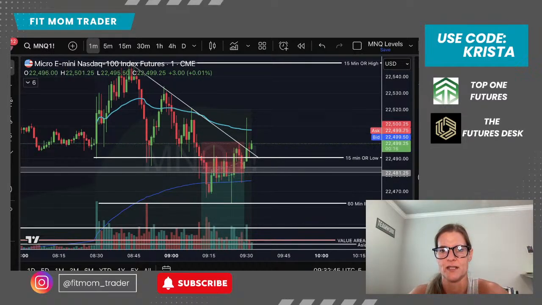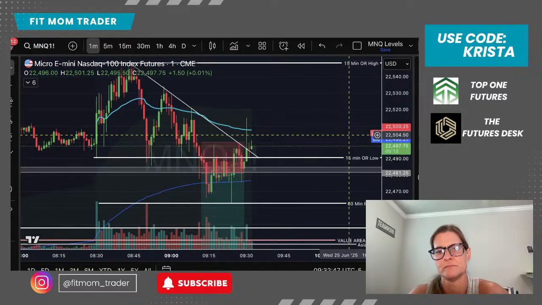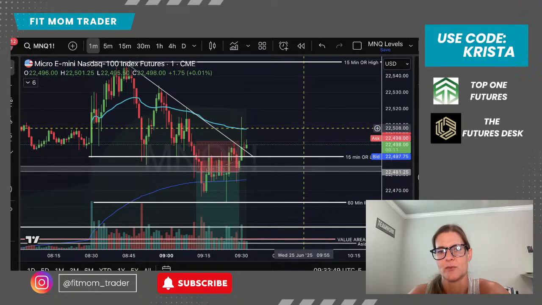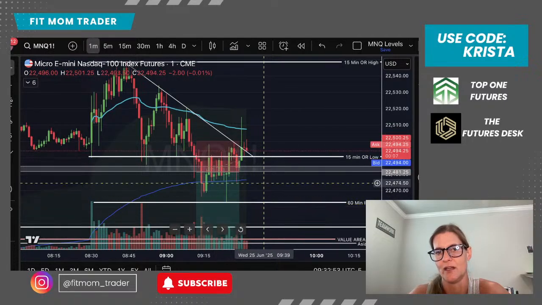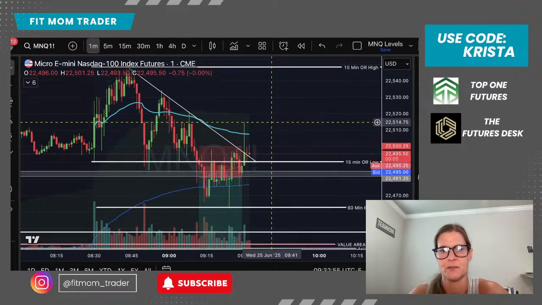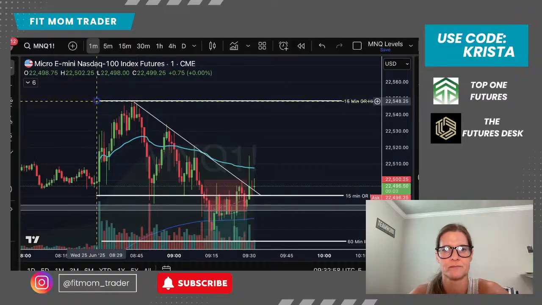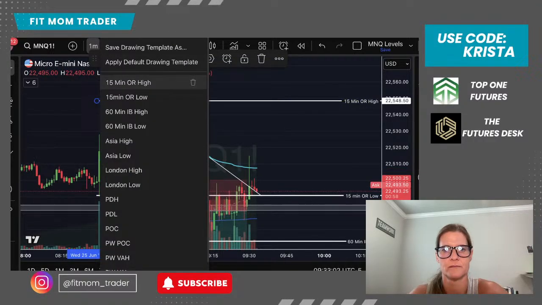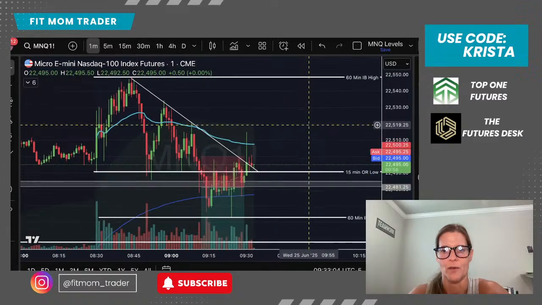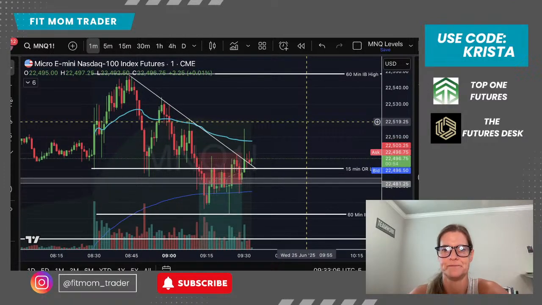So I think if I was going to take a long, since we do have the initial balance set, maybe come back down and retest initial balance low and then continue higher. That's a possibility. But right now it's chopping in the middle.